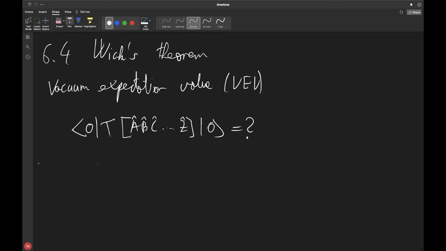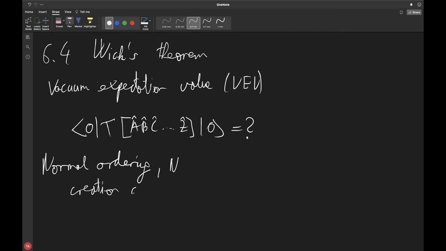And so what comes handy now is the so-called normal ordering. The normal ordering is denoted with an N, and the normal ordering puts the annihilation operators on the right and the creation operators to the left.